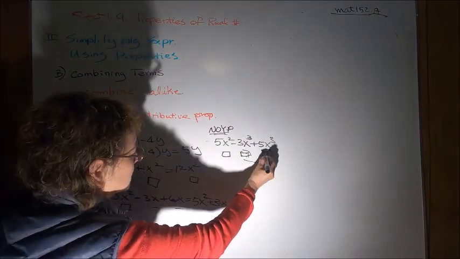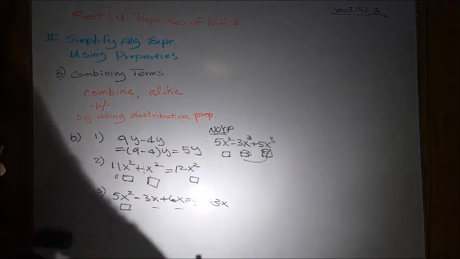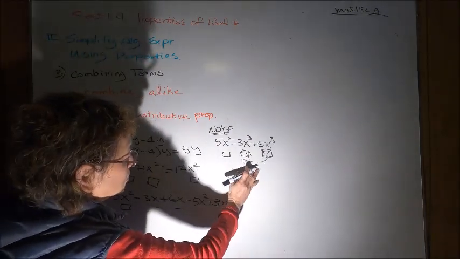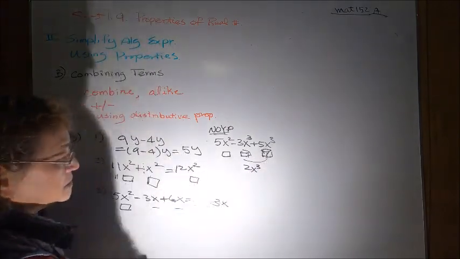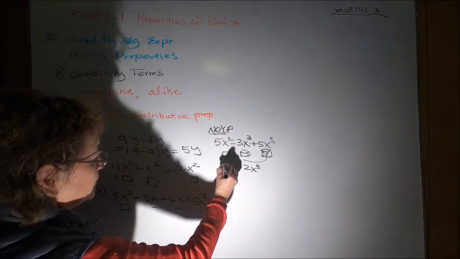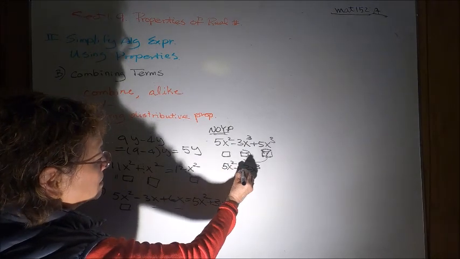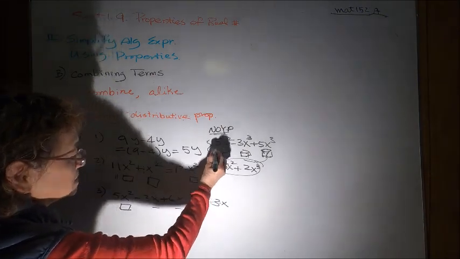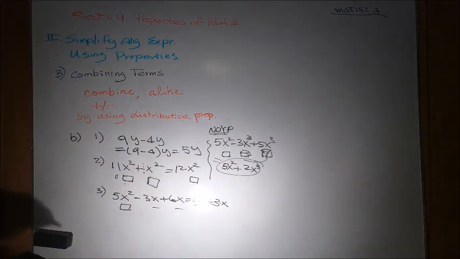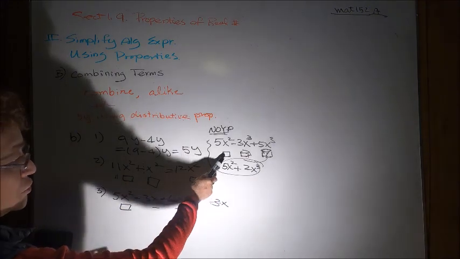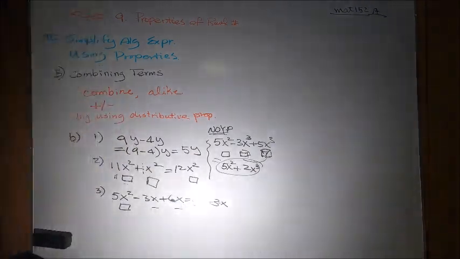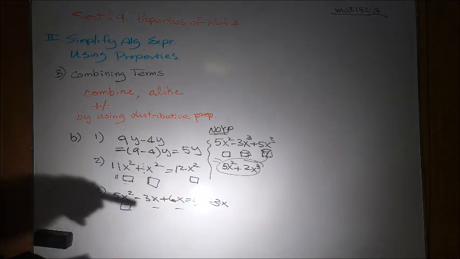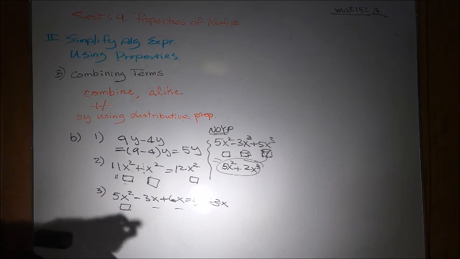So you can only combine the cubes with cubes. And 5 and negative 3, that would be 2 of those, 2x cubed, right? Then the 5x squared remains. So that would be your answer. You don't mingle different things. Cube is cube, square is square. So same variable, same power, they are like terms.